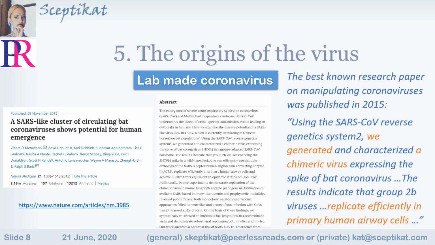The best-known research paper on manipulating coronaviruses was published in 2015. "Using the SARS-CoV reverse genetic system, we generate and characterize a chimeric virus expressing the spike of bat coronavirus. The results indicate that group 2b viruses replicate efficiently in primary human airway cells."